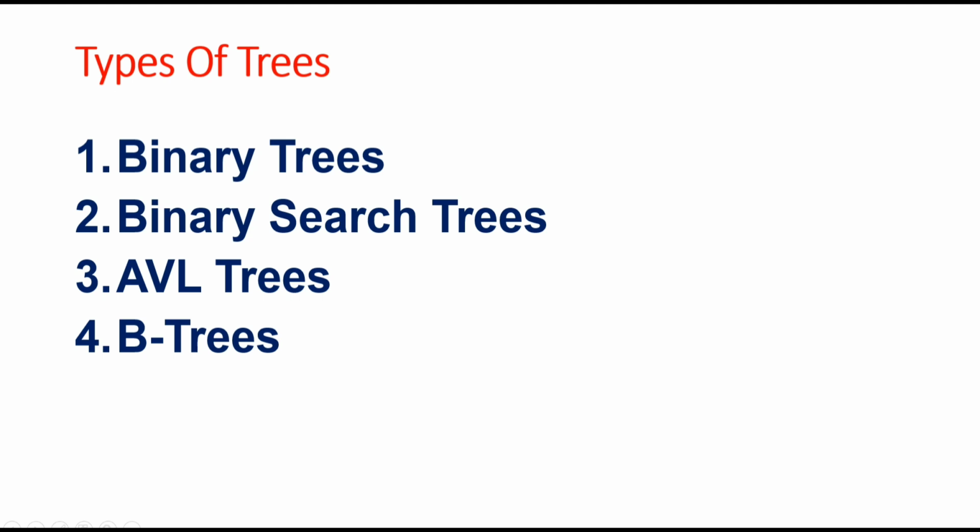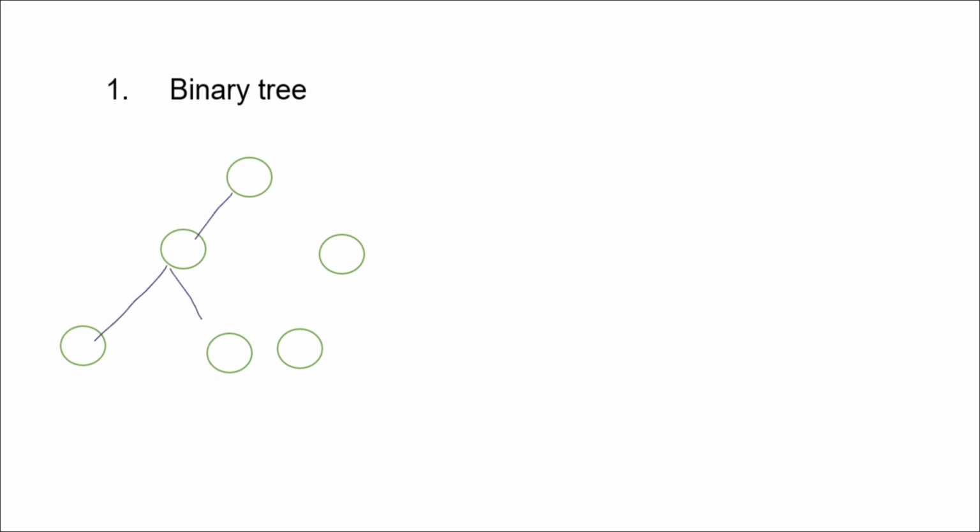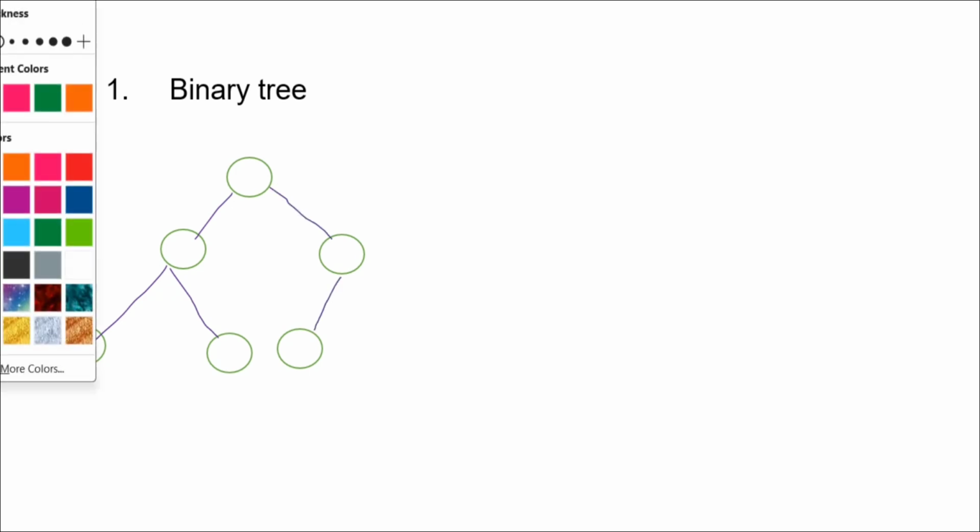First one is binary tree, right? I need to construct a binary tree. A binary tree is a tree structure where each node has at most two children, typically referred to as the left and right child. Binary trees are useful for representing hierarchical data. I take one example to show the nodes.